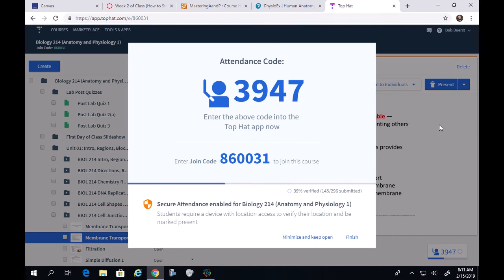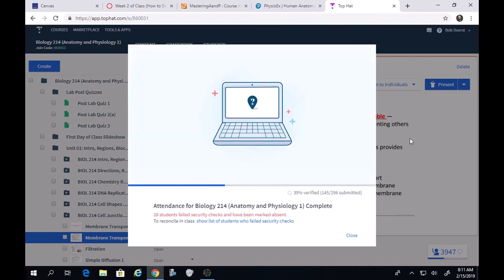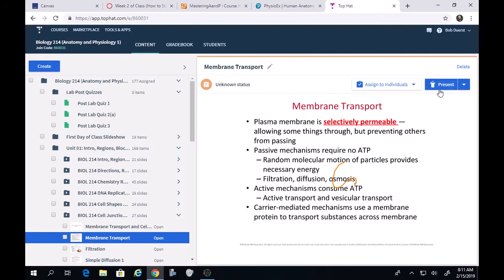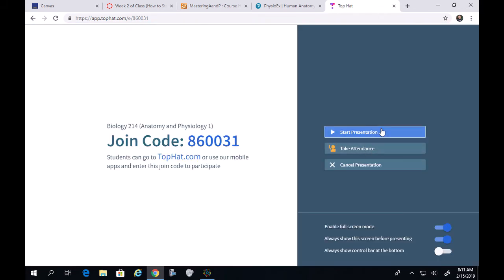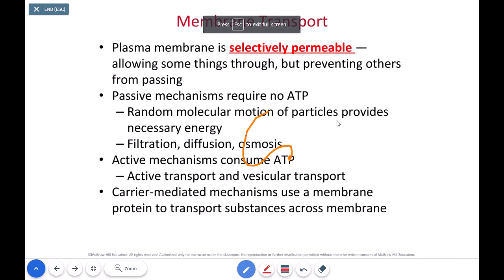Okay. All right, I'm going to finish attendance. Oh, that's weird. Let's go ahead, go back to the presentation. Just ignore the random scribble on my screen. I have no idea how that got there. Because it wasn't there when I started the presentation, was it? And I was like, not at the computer.